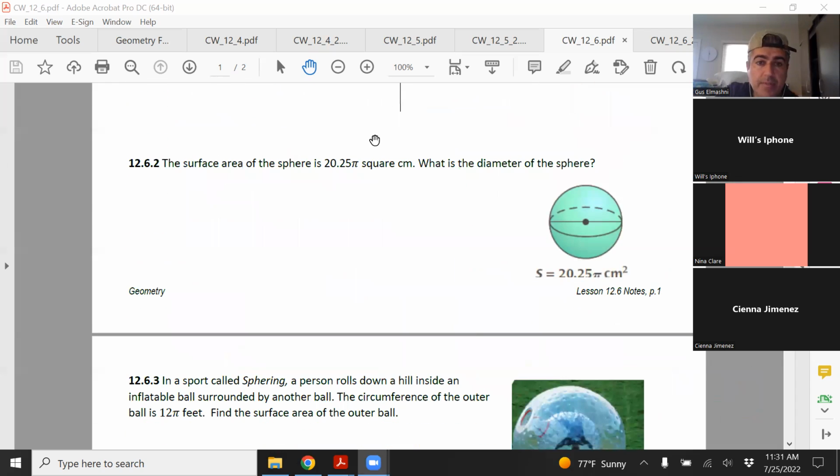Here, given the surface area, you want to find the diameter. So 20.25 pi equals 4 pi r squared. The pi's cancel on each side. Divide by 4. It'll be 5.0625.